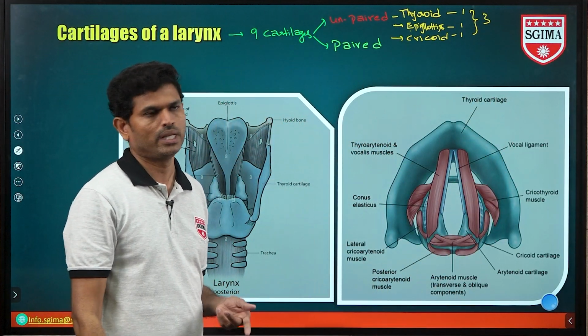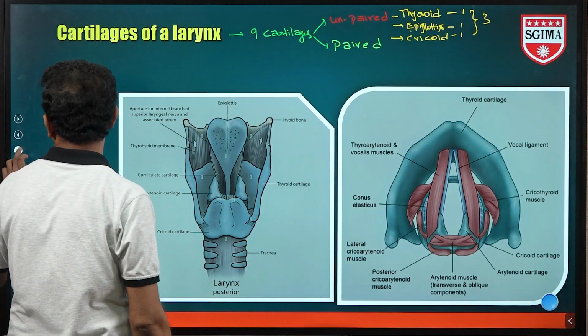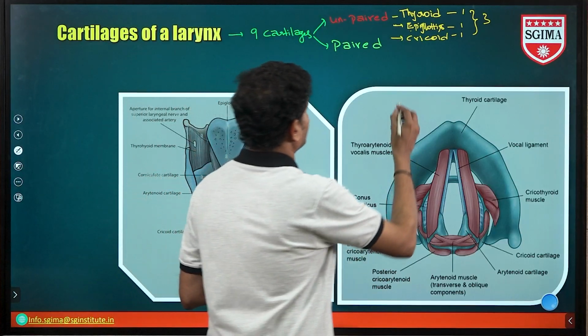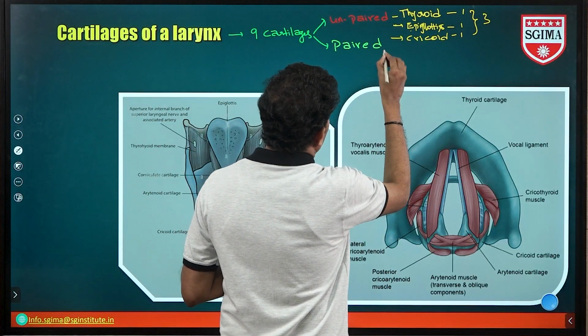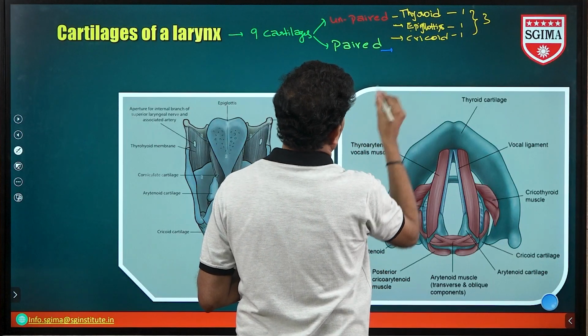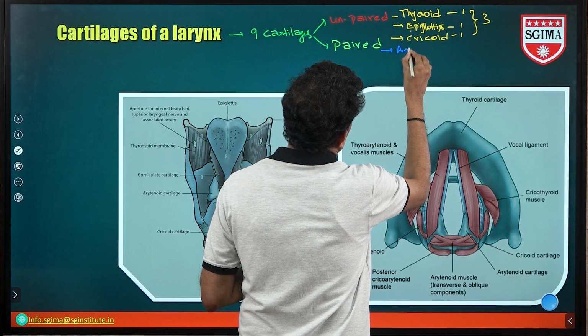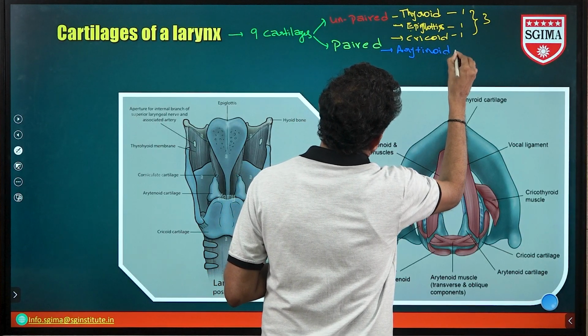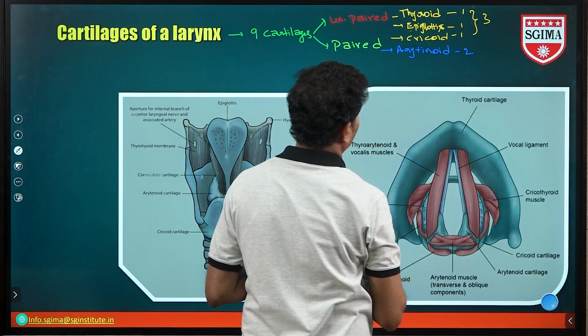Next one is paired cartilages. Paired cartilages are 3 types and the number will be 6. Those are arytenoid, this is 2, 1 pair.